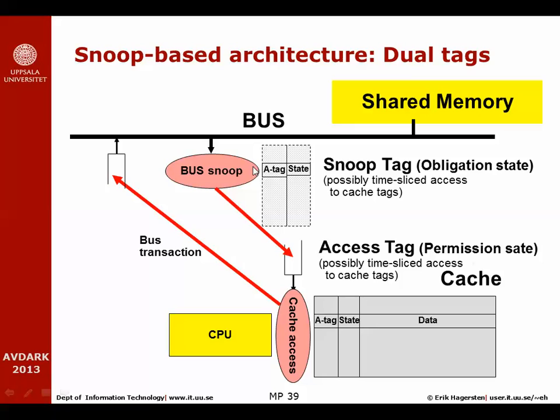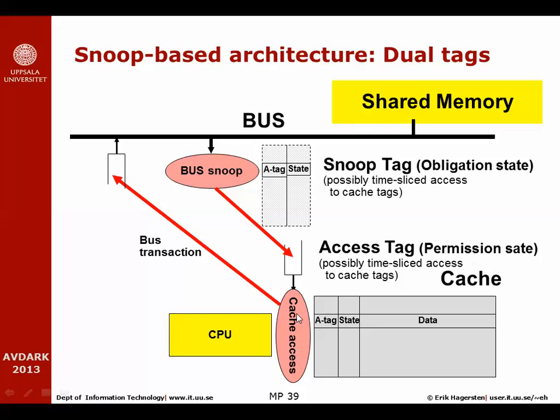So this avoids the bus snoop always having to look in the same cache the CPU has accessed, and slowing down the CPU. So it has its own little cache that only has state information. We call these the snoop tags, or the obligation state. It tells what obligations we have toward other cache coherent transactions in the system.